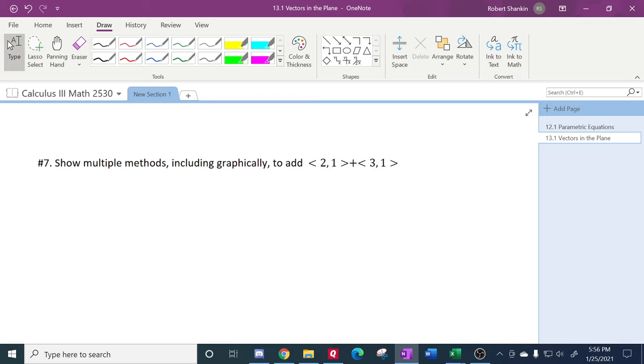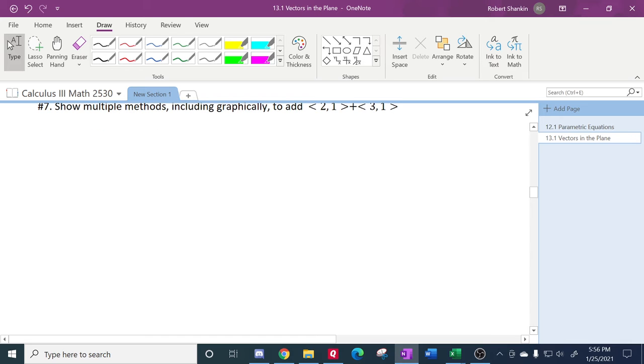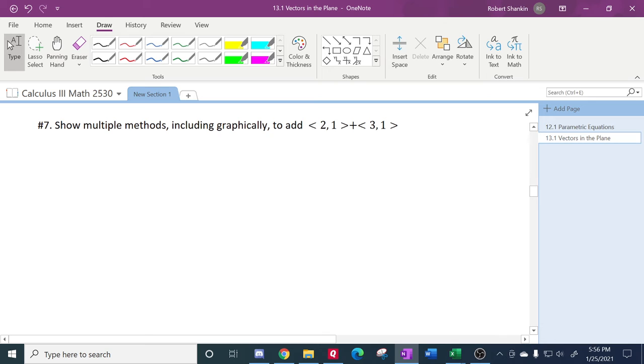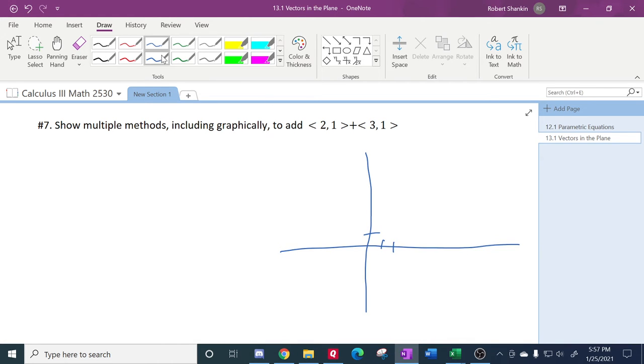Okay, 30 seconds more. Okay, so the easiest way to add these two is you just add the x components, add the y components.